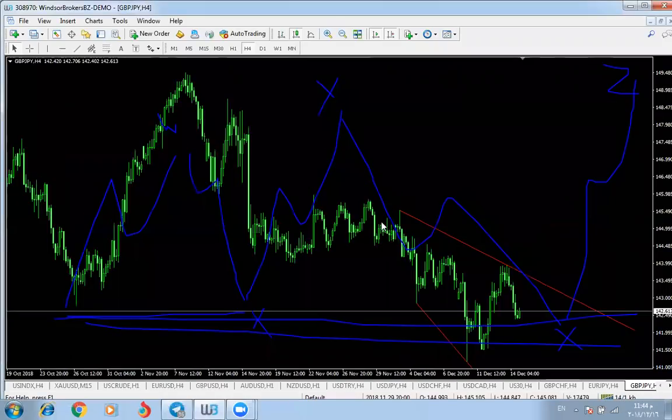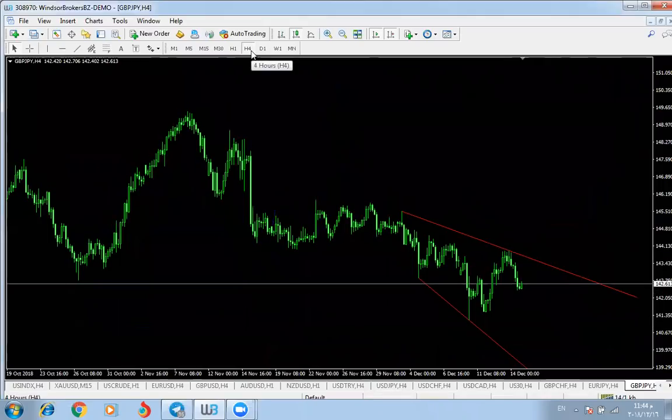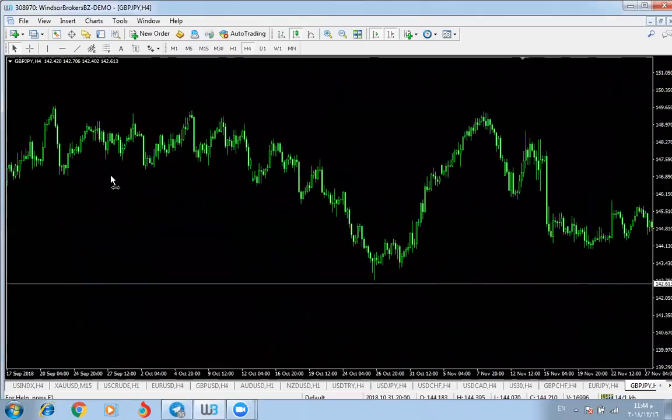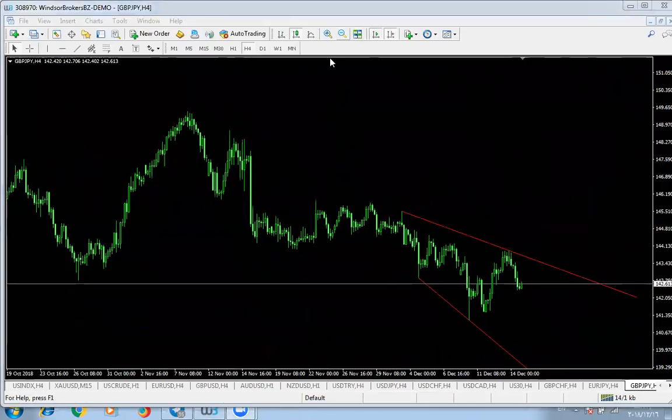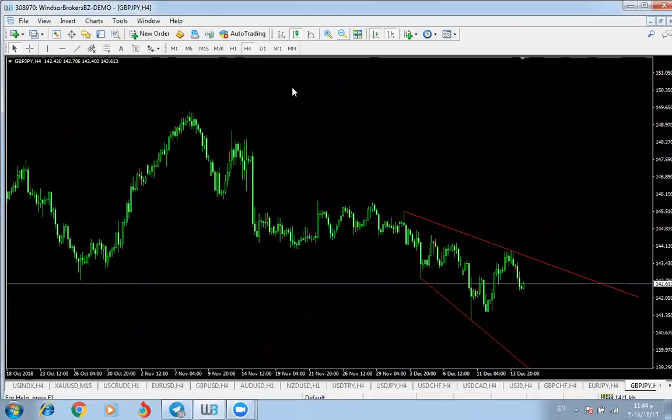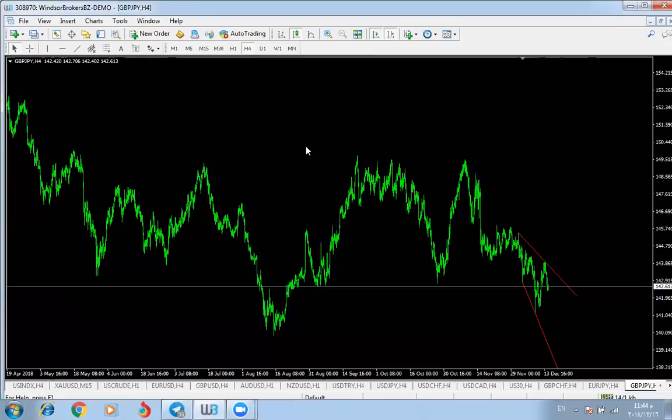Let me move to the pound yen. Okay, let me zoom in. Okay, we have this correction for the pound yen.